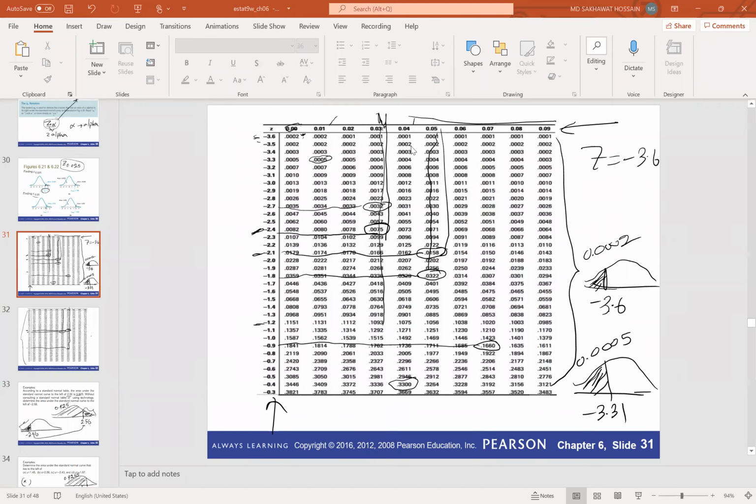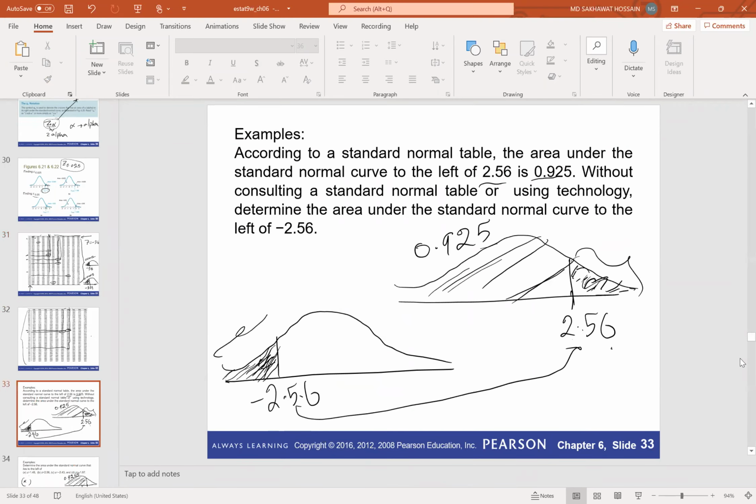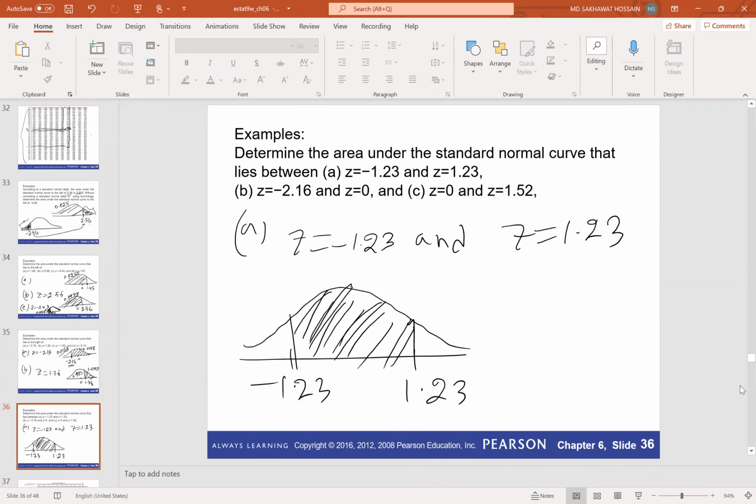So this area is 0.1093. And since this number and this number are the same, the area to the right will also be 0.1093.